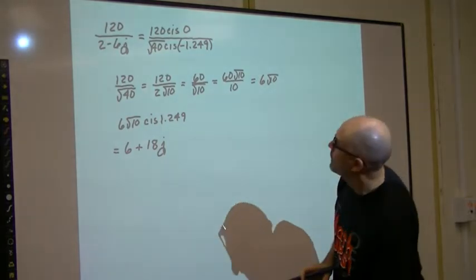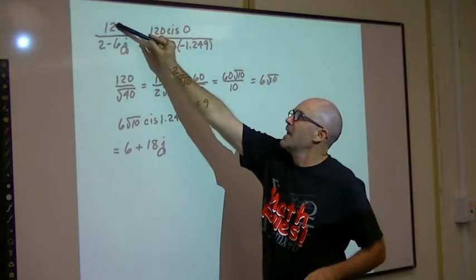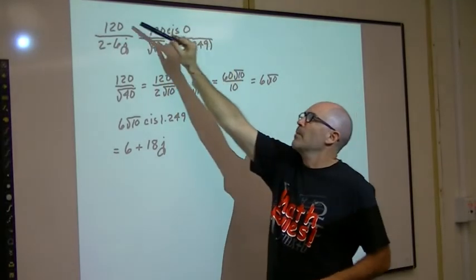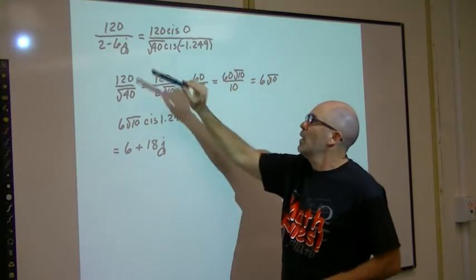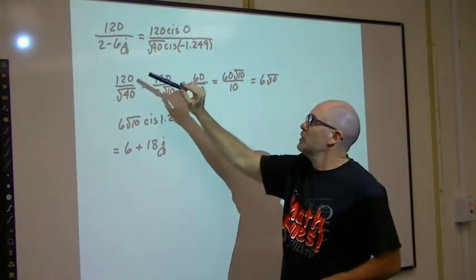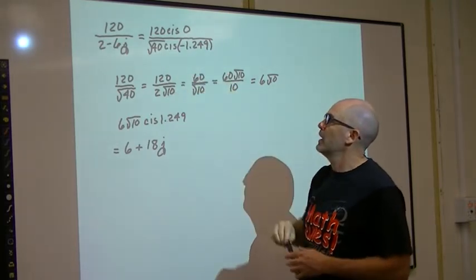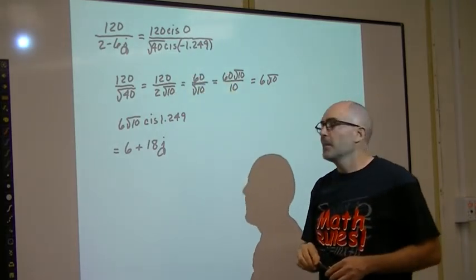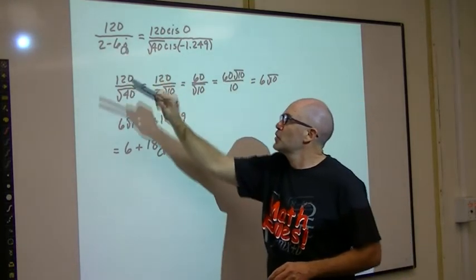That's basically all there is to this. Notice, all we're doing is changing the rectangular into polar. Remember, when it's pure real, then it's just 120 cis 0. When it's a combination, then you do the Pythagorean theorem. Don't forget your square root, or you could be badly mistaken. Then you've got the inverse tangent of negative 6 over 2.